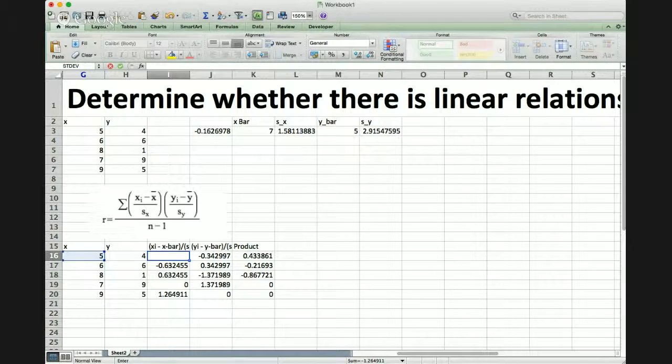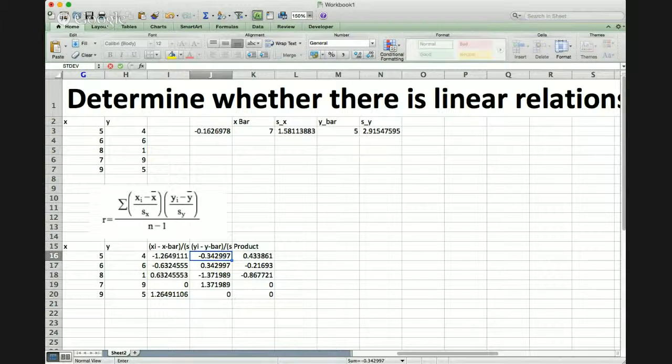That's the mean. So we're just going to click on this: x minus x bar divided by the standard deviation of x. So that's that value. I'm going to put the dollar sign in front of this in Excel, which means when I drag the formula to the next row, I don't want it to increment these values. Okay, so that's that. And I can easily just drag this, and you can see that I got that.